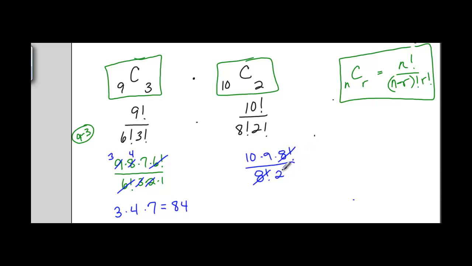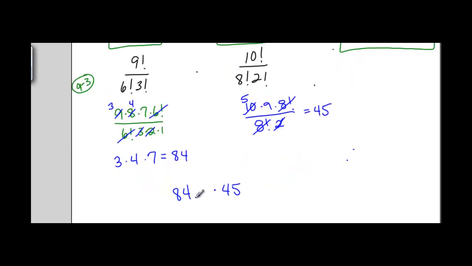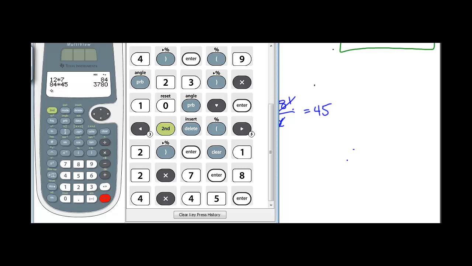I also have a factor of 2 that can be canceled out, and I'm left with 5 in the numerator. So 5 times 9 is equal to 45. So we would take 84 and multiply it by 45. I'll do that in my calculator. 84 times 45 is 3,780.